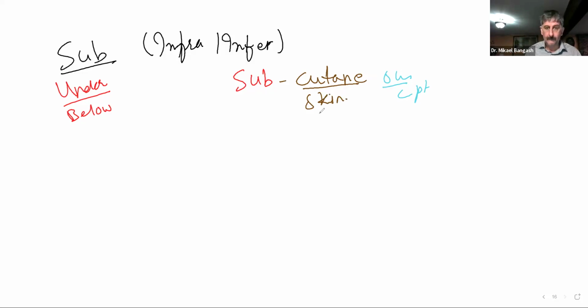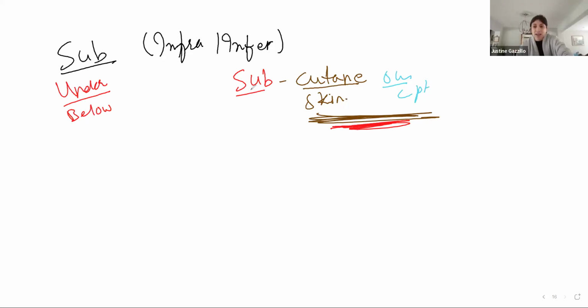If you say this is skin, what lies underneath the skin is going to be subcutaneous. Is that cutane? No, it's cutane. Cutane is just another word that also means skin.